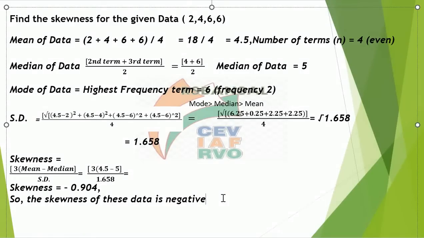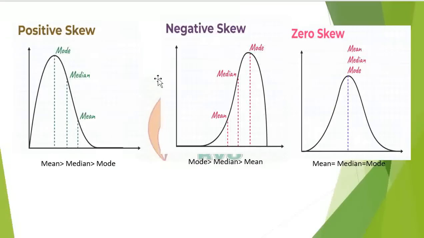Even otherwise, see here, mean, median, and mode. Mode is highest, median is less than mode, and mean is less than median.